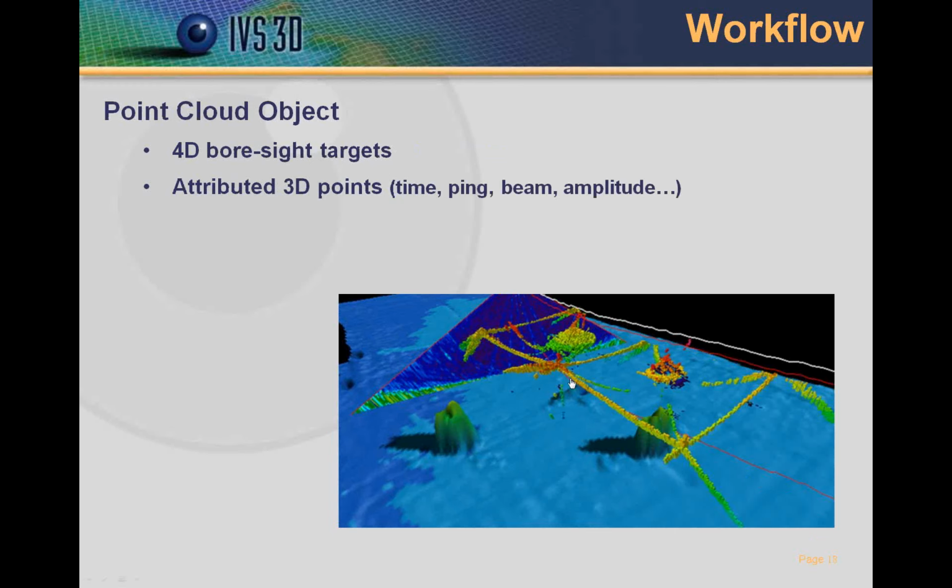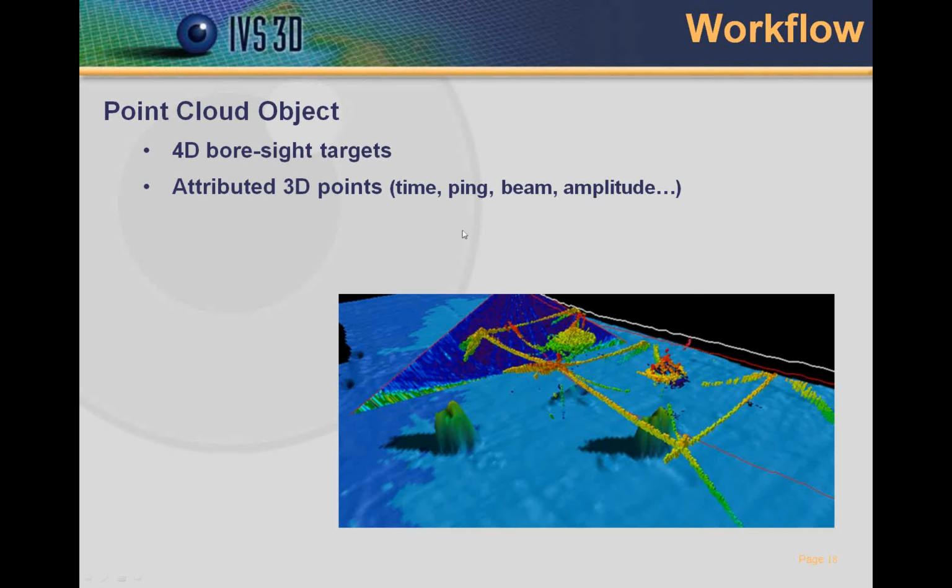The next one is a point cloud object. These are 4D bore site targets. So basically the bore site location of a particular sample in the time series from a specific beam. And that's transformed and geolocated.